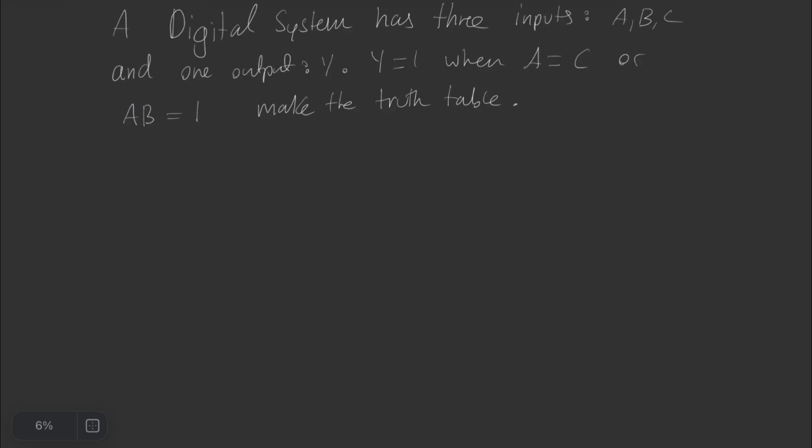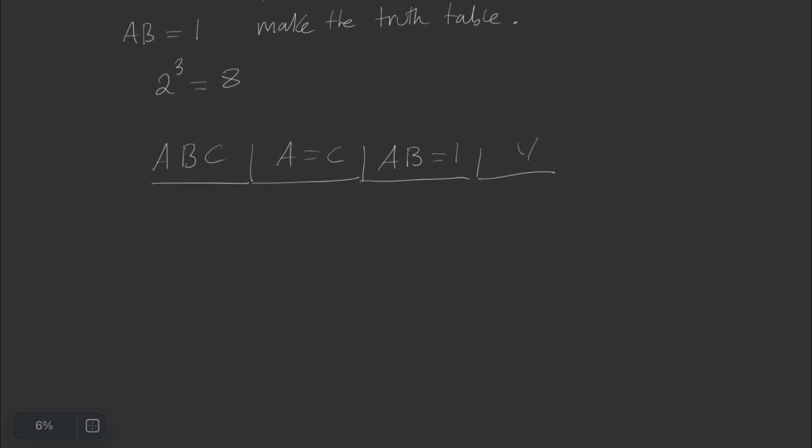So let's remember that our possible combinations is 2 to the power of our inputs, which is 3, which equals 8 possible combinations or rows labeled 0 to 7 in binary. So let's just write out our inputs, our intermediate steps, or conditions that need to be met, and our output.